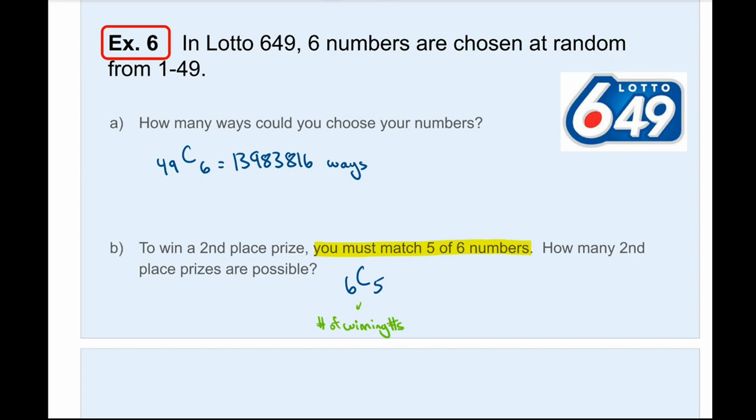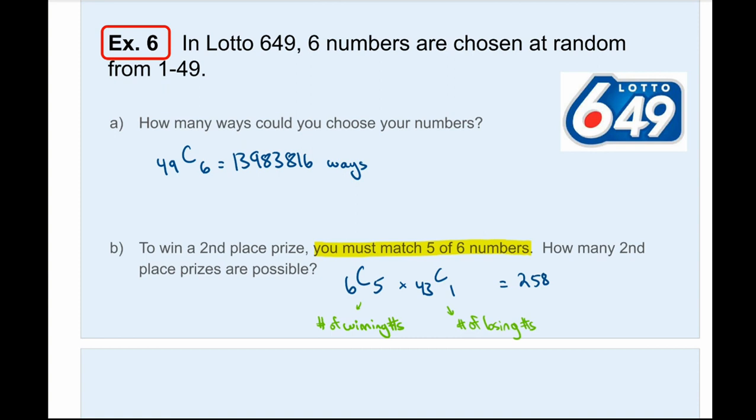So 6 choose 5, multiplied then by 43 losing numbers, choose 1, because one of my numbers is incorrect. So 43 choose 1 is the number of losing numbers. And I get 258.